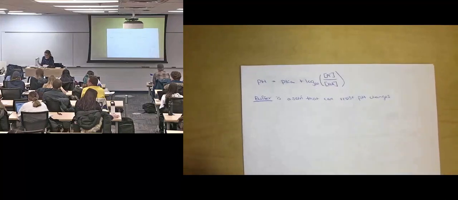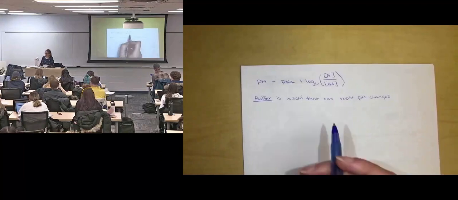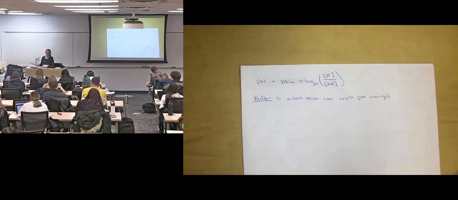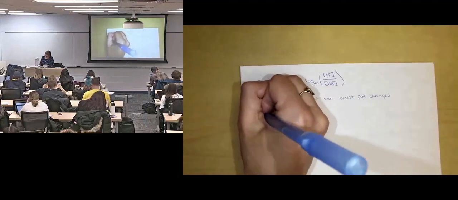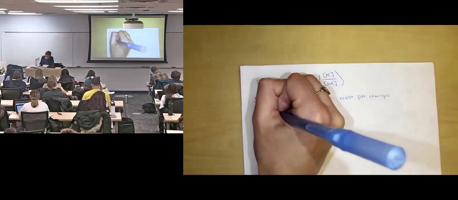So to set up a buffer, I need a weak acid because I need to be able to have the acid in my solution and have it not dissociate, or dissociate very little. So I can have the acid hanging around. So when I make a buffer, I'm going to mix a weak acid with a conjugate base for that acid. So acetic acid would be usable, okay?